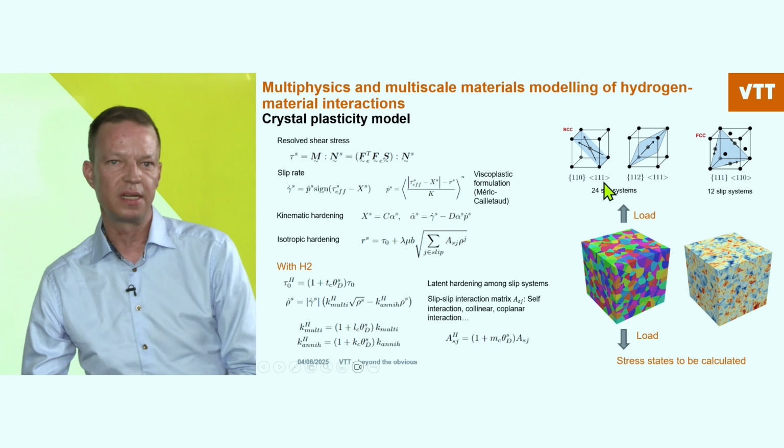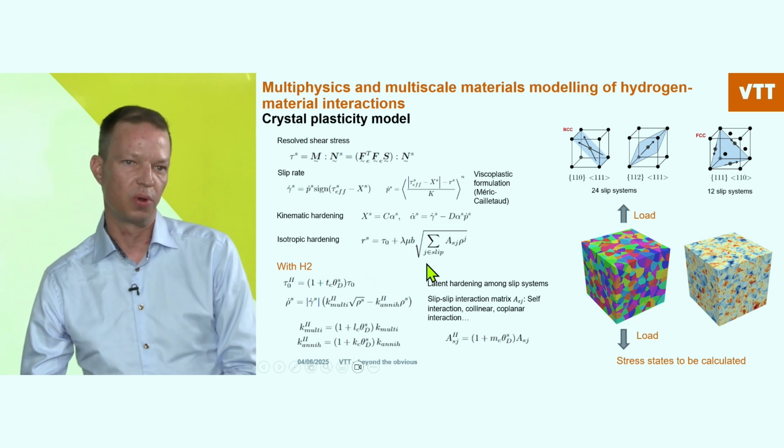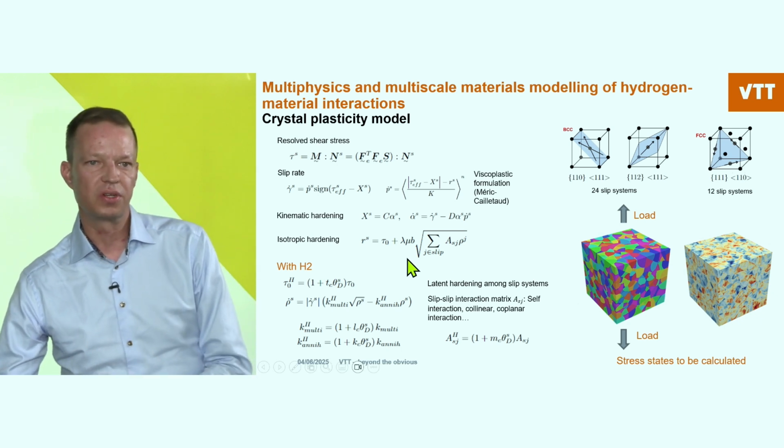We have different slip systems: in a BCC lattice we have 24, and in FCC we have 12. But besides this, when talking about hydrogen, we need to take that into account as well. There are certain equations for how to deal with it.